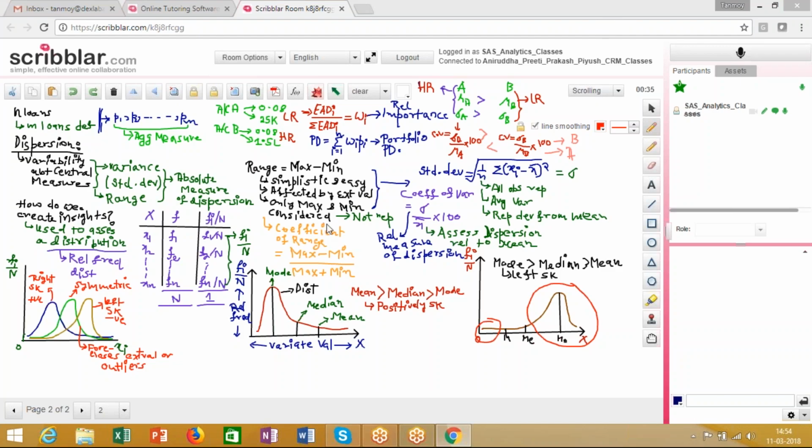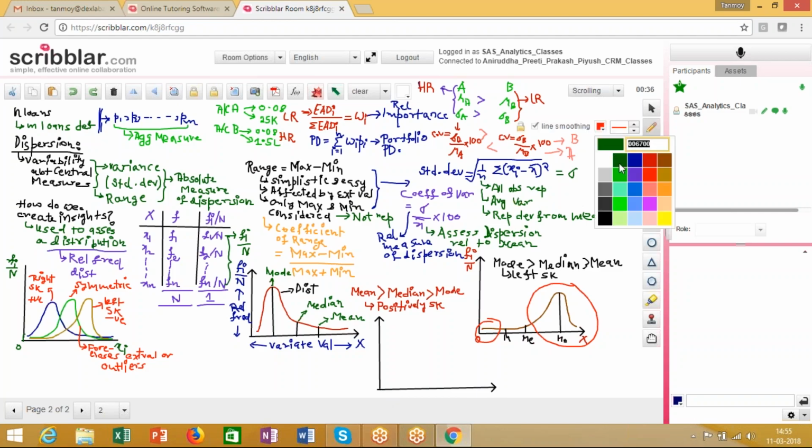So how does a symmetric distribution look? As the word symmetric implies, if you split the distribution into two equal halves, the two halves of the distribution will be a mirror image of each other.